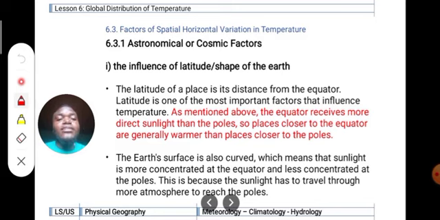This is why the equatorial regions or the tropics are generally hotter than the temperate and polar regions. Secondly, the Earth's surface is also curved, which means that sunlight is more concentrated at the equator and less concentrated at the poles. This is because the sun's rays have to travel through more atmospheric distance to reach the poles. That we have mentioned when we were looking at the general tendency.